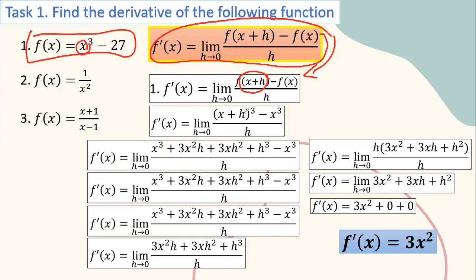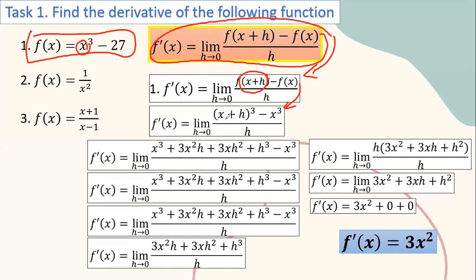So that will be x plus h cubed minus x cubed, the given function, over h as h approaches 0. Okay? So we have to cancel out h sa ating denominator. Kailangan mawala yan dahil hindi natin basta pwedeng i-substitute yung 0 sa h. Okay? Since h is in the denominator.